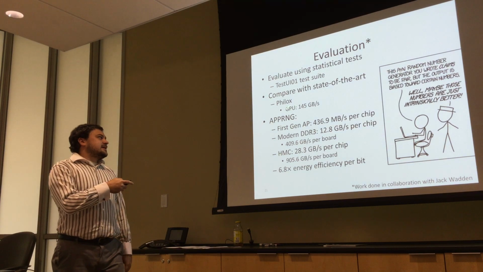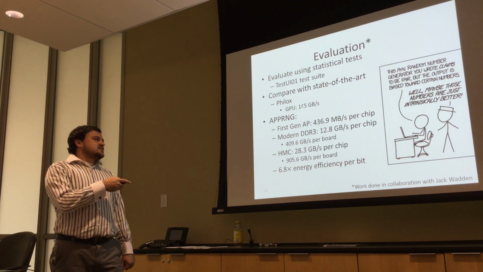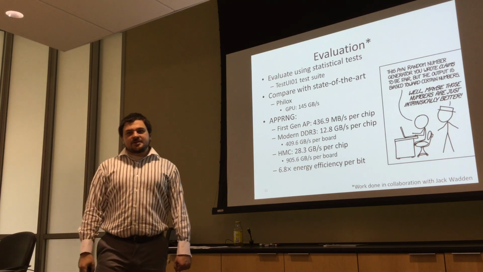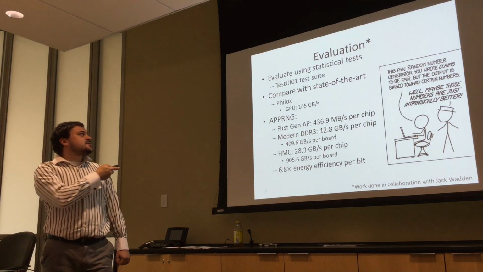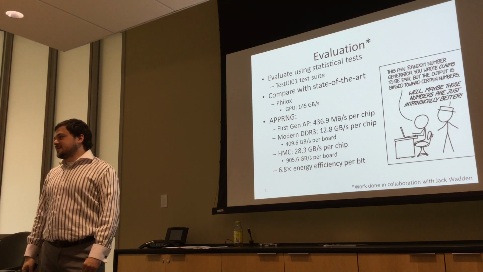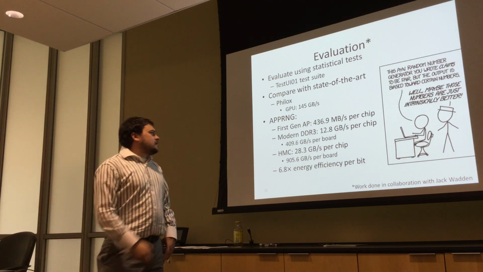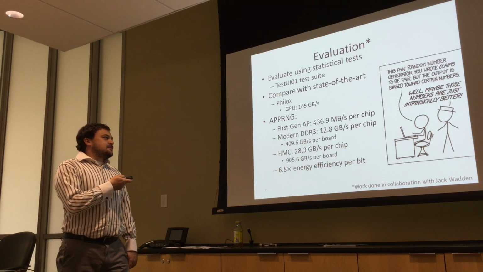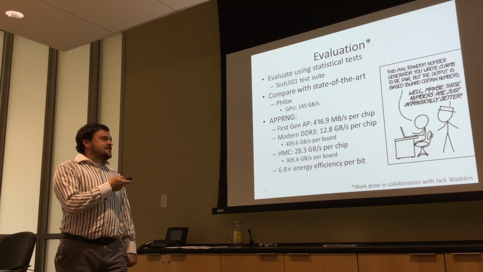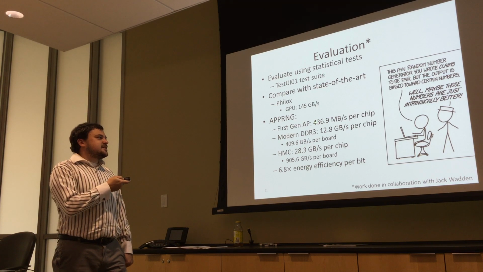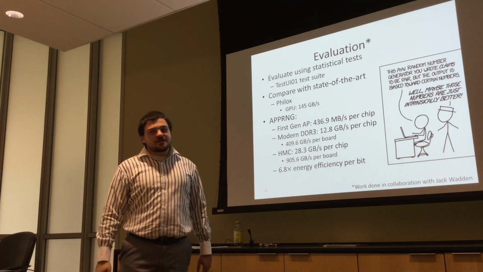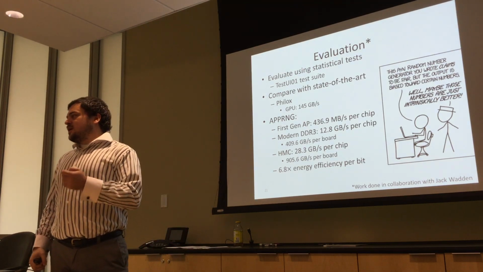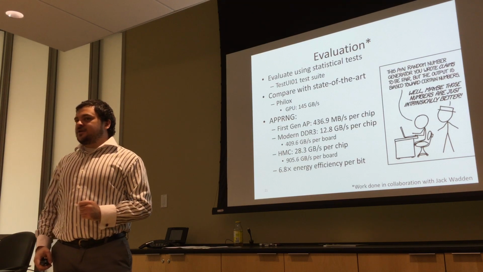It's accelerated by a GPU to achieve 145 gigabytes per second of random throughput, and this algorithm also passes all of the tests in the TestU01 suite. The projections for the first generation AP hardware give us an upper bound of about 437 megabytes per second per chip of pseudorandomness using APPRNG.